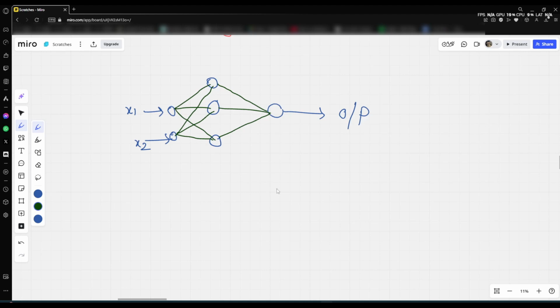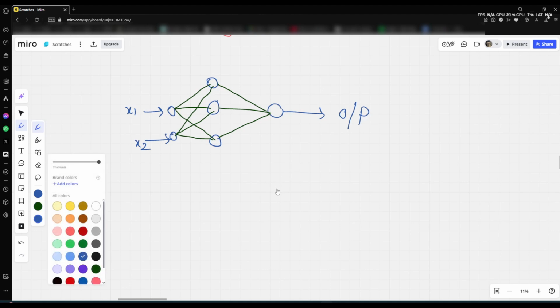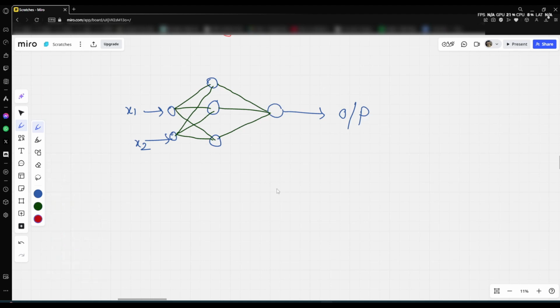So what are the weights here? The weights are w1, w2, w3, w4, w5, w6.